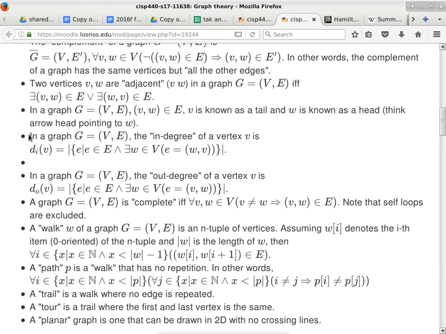All right. In the graph G equals (V, E), the in degree of a vertex V is blah, blah, blah. So if you look at this, what is it really saying? We're interested in vertex V. We want to know what is the in degree of a particular vertex V. So when you look at the cardinality of this particular set, what is in this set?